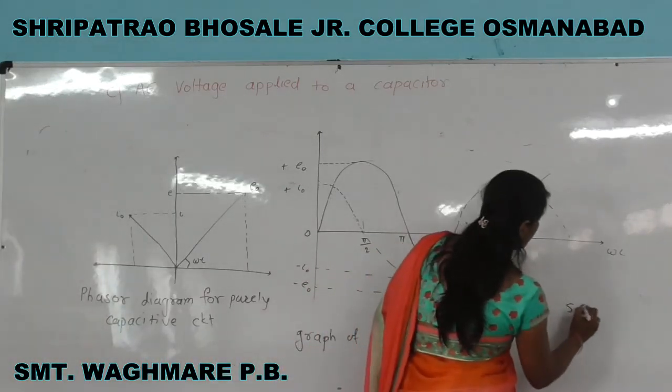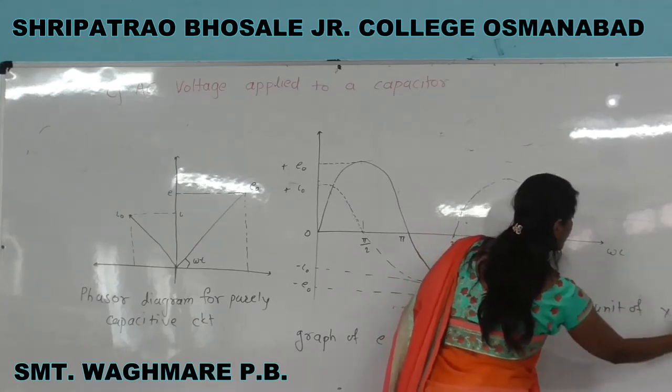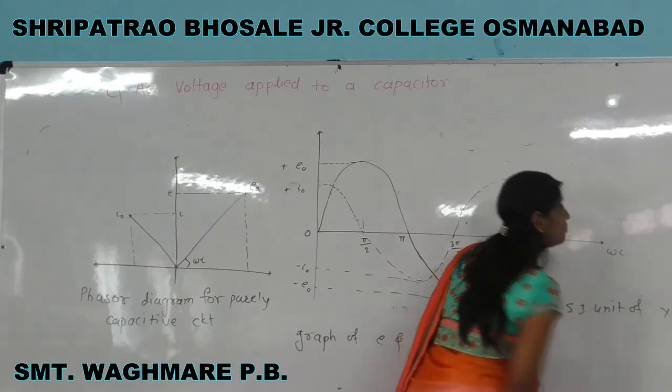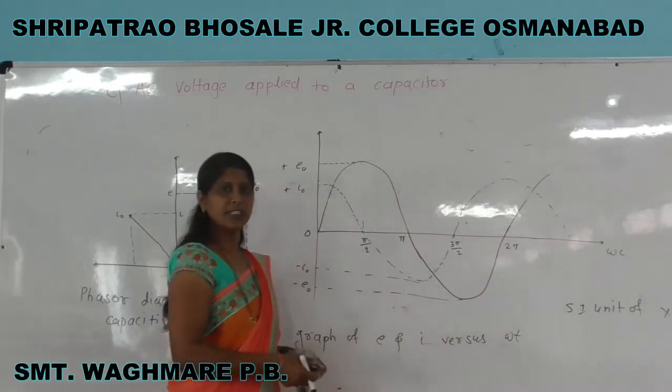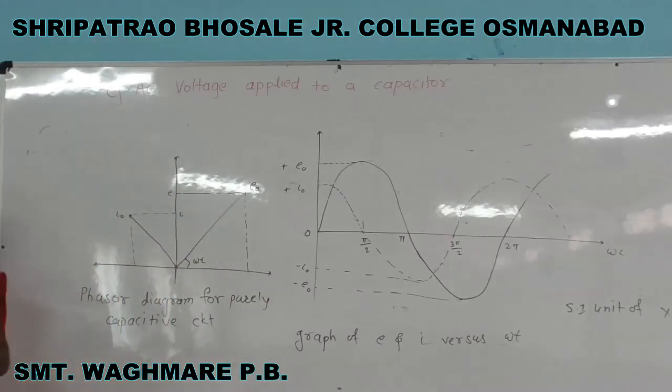The SI unit of Xc is ohm. तर याचं SI युनिट कॅपॅसिटिव्ह रेझिस्टन्सचं ओहम आहे. ज्यावेळेस आपण DC सर्किट कनेक्ट करतो त्यावेळेस फ्रिक्वेन्सी 0 असेल तर या ठिकाणी Xc हा इन्फिनिटी असतो.